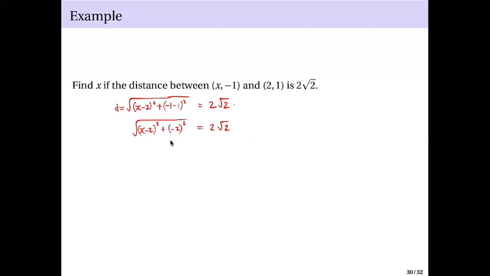Then we square both sides, and at the same time, we square this negative 2. And we will get x minus 2 squared plus negative 2 squared, that's 4, equals 2 square root of 2 quantity squared. This is equal to 8.